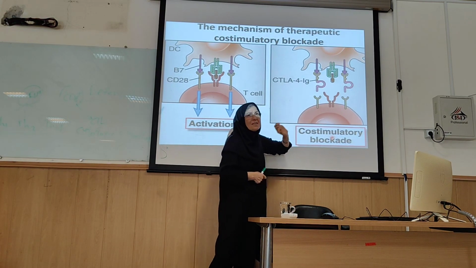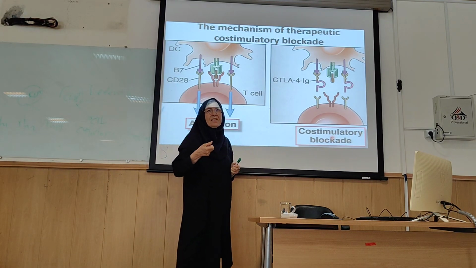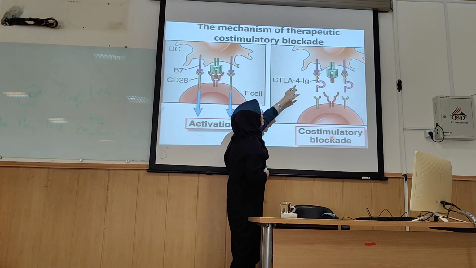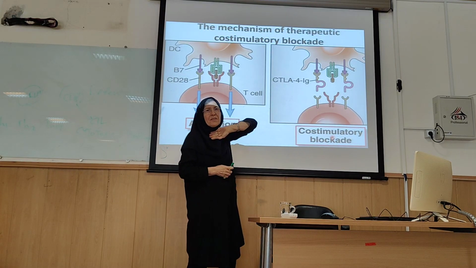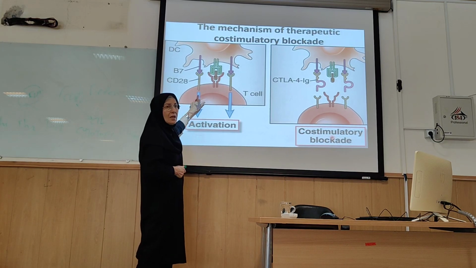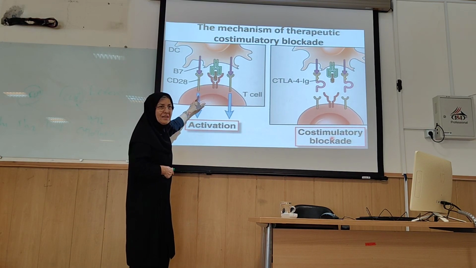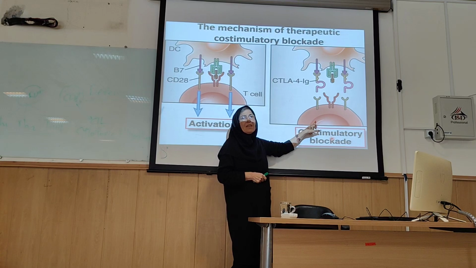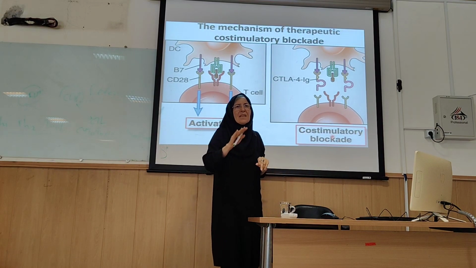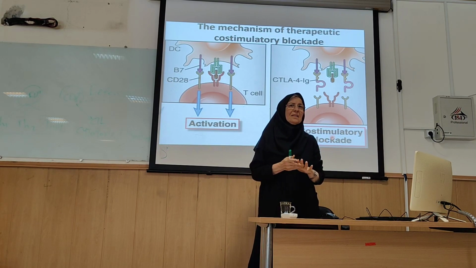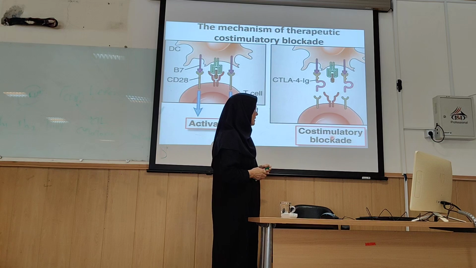When this CTLA4 immunoglobulin is given to the patient, this drug can bind to the B7 on the surface of the APC and prevent the binding of the B7 to CD28. And in this way can prevent the activation of the T cells, and can suppress the immune response of T cells to the autoantigens. And this is a drug for autoimmune diseases.